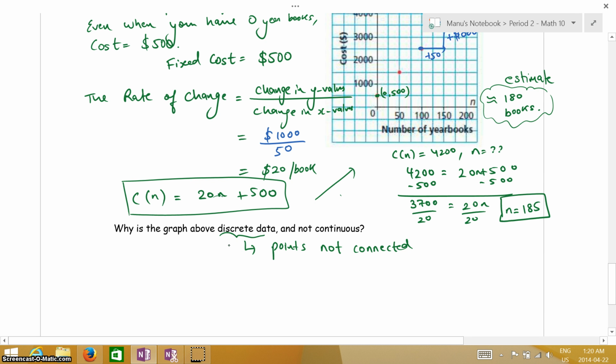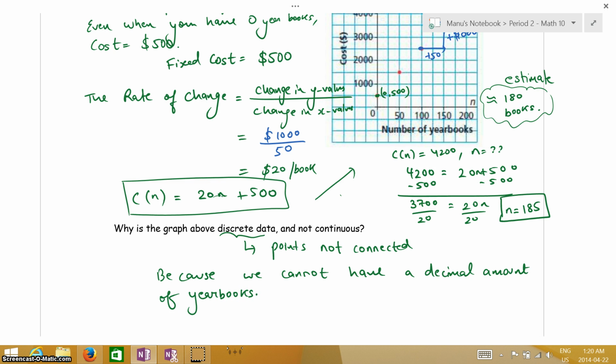Well, data is discrete and not connected because we cannot have a decimal amount of yearbooks. Right, we cannot have half a yearbook, 3/4 of a yearbook. So the number of yearbooks needs to be a nice round whole number, and that's why we only pick those specific points.